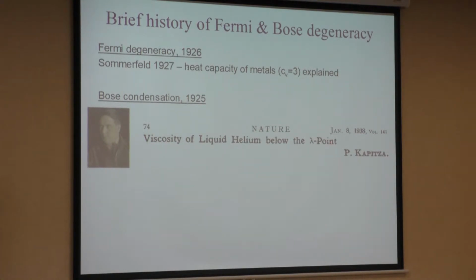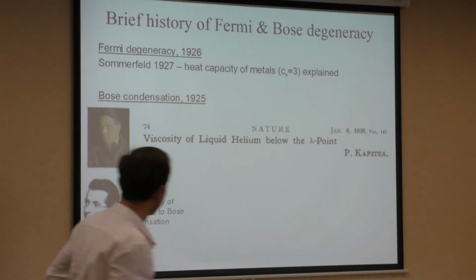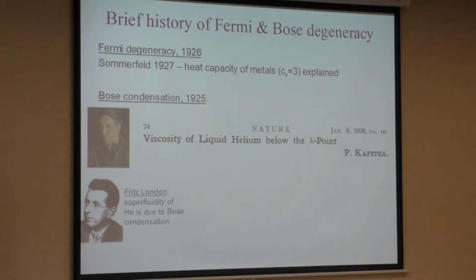Only in 1938, Kapitsa published his work on the superfluidity of liquid helium. And Fritz London came up with the idea that superfluidity of Bose helium is connected to Bose-Einstein condensation of helium atoms.